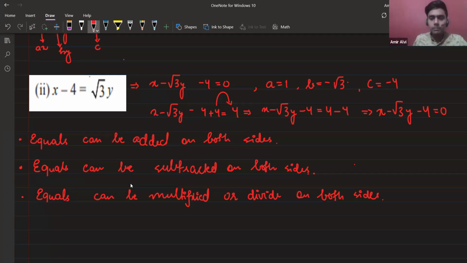So these were some basics of linear equation. Just a second. Let me take one more example. You have to solve this question on your own and let me know the answer.